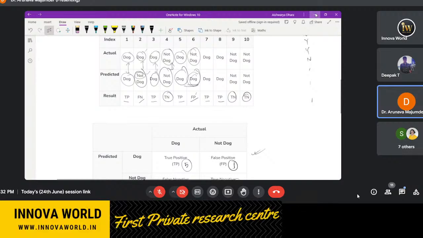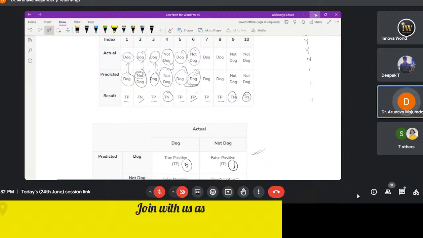Yes, true positive and true negative can be used. There is an example also.